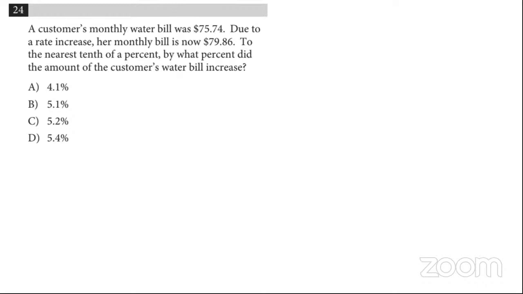A customer's monthly water bill was $75.74. Due to a rate increase, her monthly bill is now $79.86. To the nearest tenth of a percent, by what percent did the amount of the customer's water bill increase?